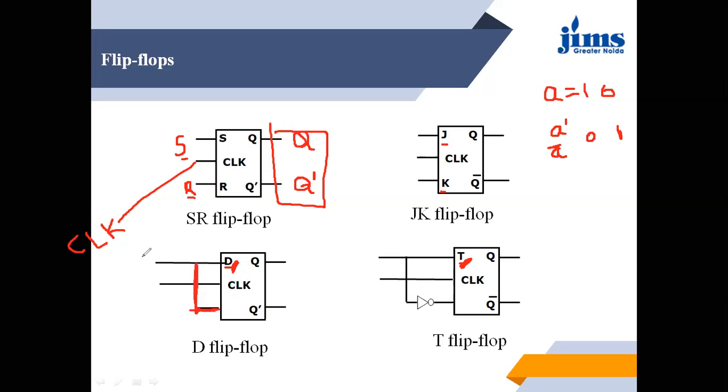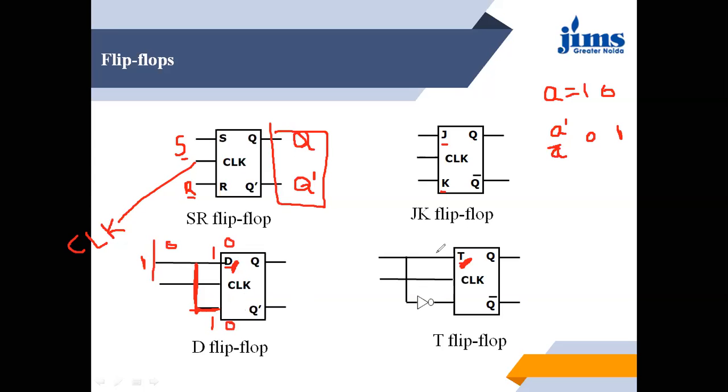Suppose we are giving 1, then 1 is on the first input and 1 is on the second input also. And if I am giving 0, then 0 is on the first input and the same value, 0, is on the second input.